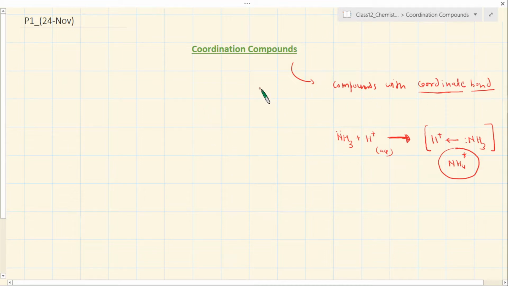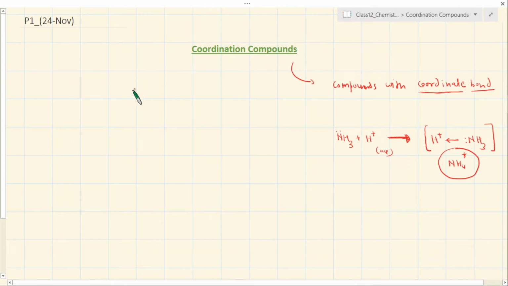Fine. So in our syllabus, what we are going to study is coordination compounds, the compounds which carry coordinate bonds. The ammonium ion by itself is not a compound, it's just an ion, a cation formed through covalent bonding, but this chapter deals with the formation of coordination compounds.